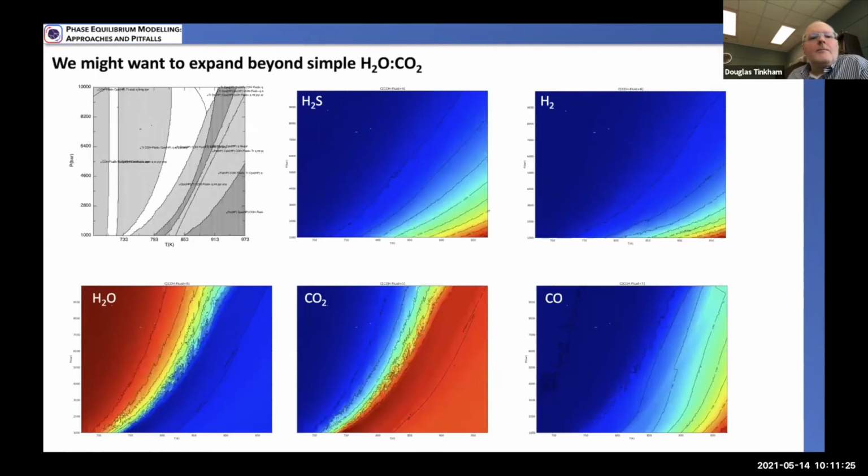Now, this is another diagram that Mark calculated in Perplex, and this is quite nice because he's contouring the space for the concentration of different fluid components. He's using a COHS fluid here, which you've been able to use in Perplex for quite a while. Jamie Connolly has had some COHS fluid algorithms in Perplex for quite a while. Looking at H2S, H2, H2O, CO2, carbon monoxide, and so forth.